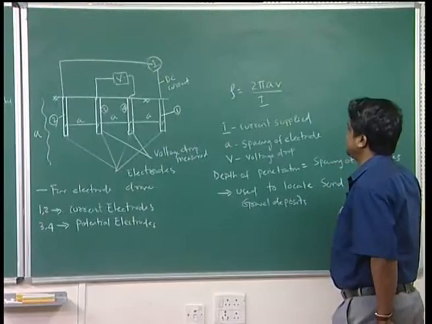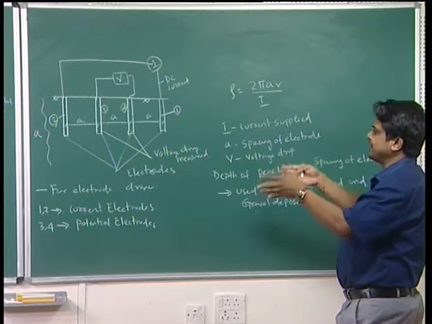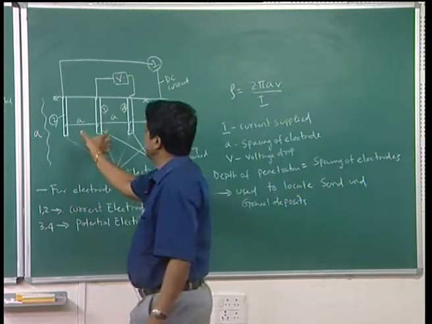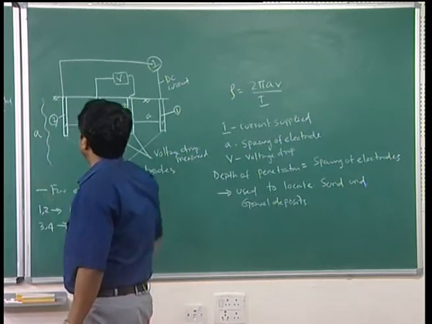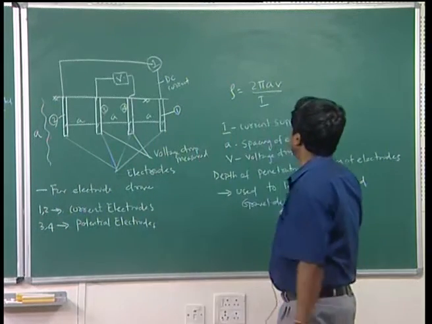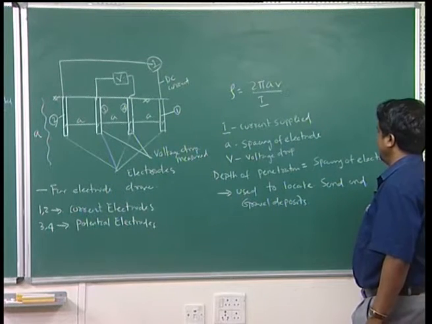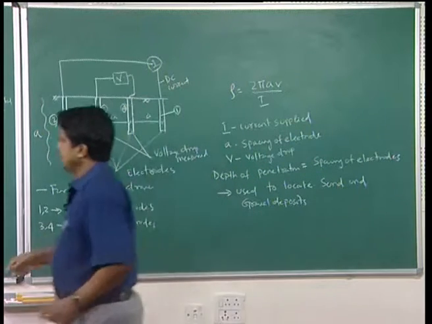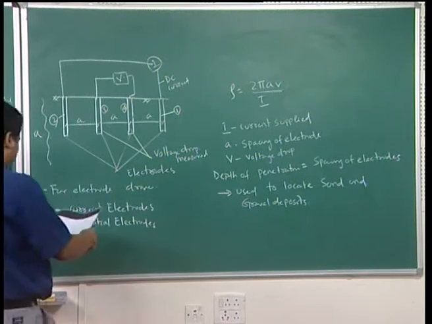The limitation is the spacing of the electrodes. Suppose the spacing is A, up to that depth you can measure the voltage drop, beyond that you cannot measure, and it is used to locate sand and gravel deposits.